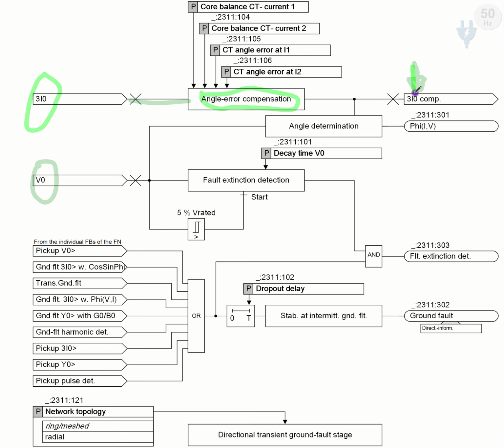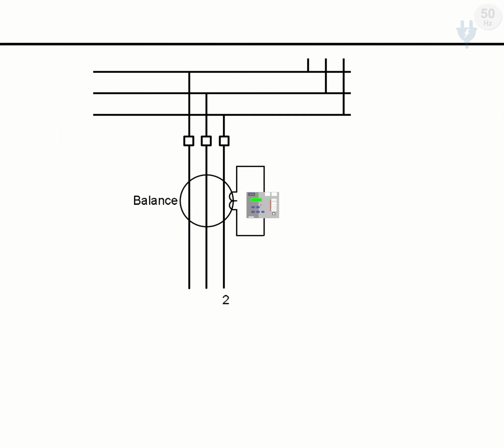Then that component is used as the zero sequence component for further use in the function. Why this angle error compensation is required, we already discussed, but let's review it.